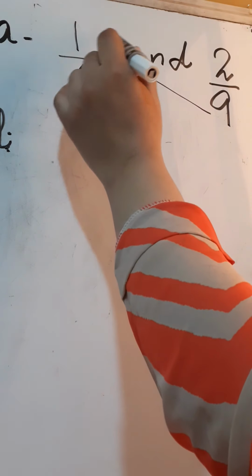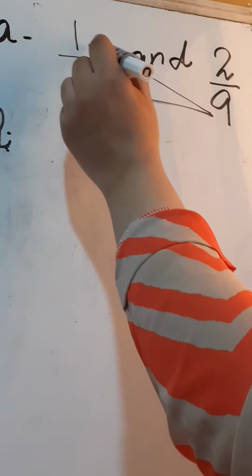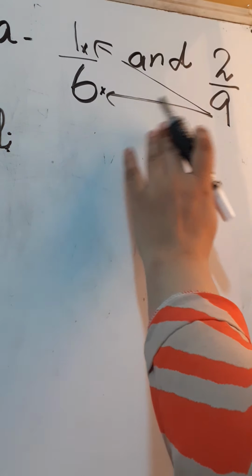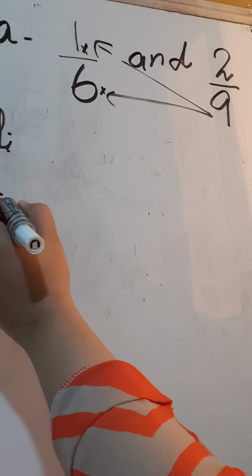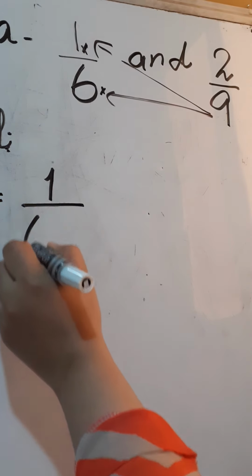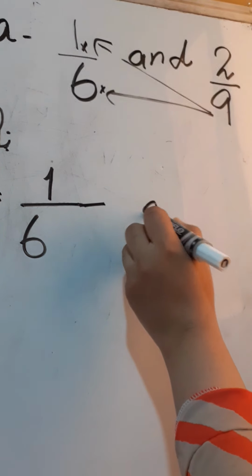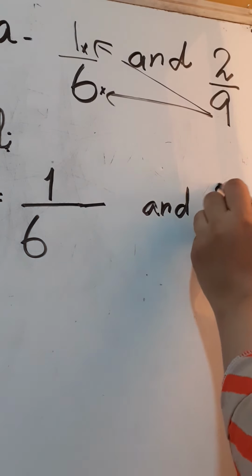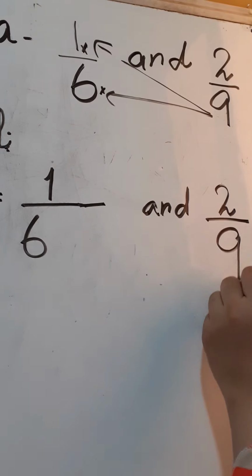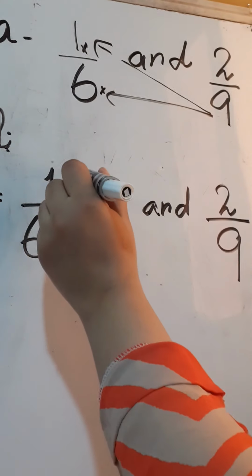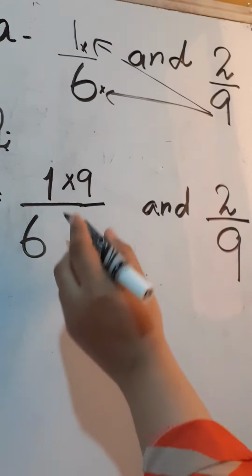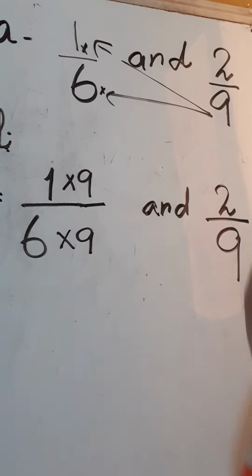Understand? Solution equals 1 by 6. Again we write 1 by 6 and 2 by 9. So 1 multiplied by 9 and also 6 multiplied by 9.